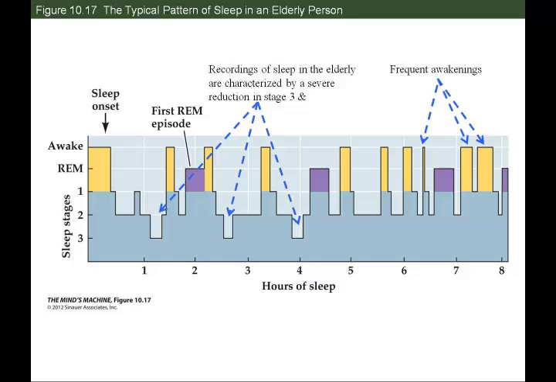Exactly, of waking up throughout the night. That's why it's very difficult to sneak in when you live with your grandmother or grandfather, and I see some of you nodding, because they don't really have deep sleep, and they wake up very frequently throughout the night. So they're very light sleepers.